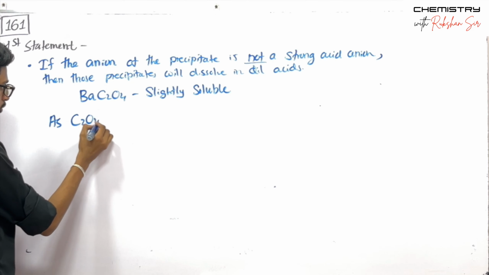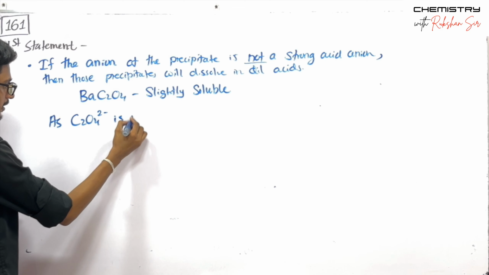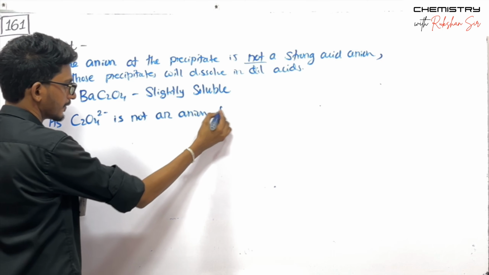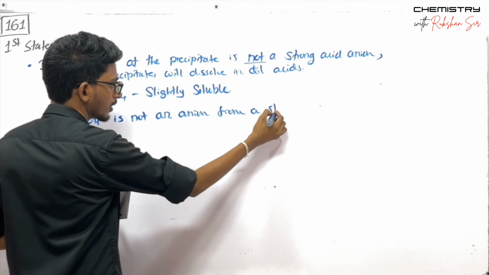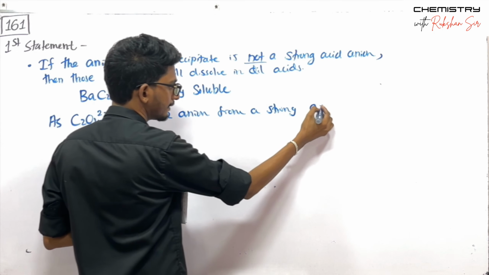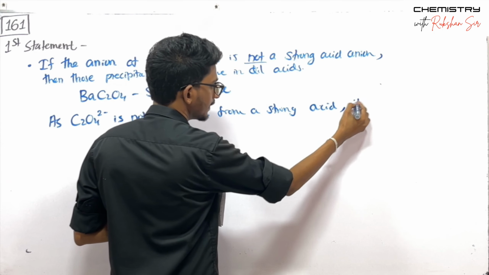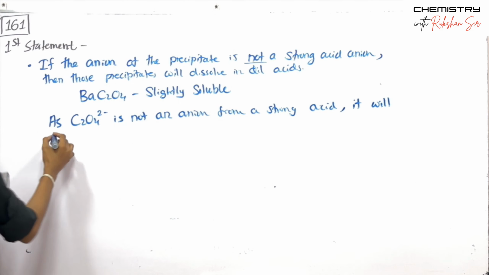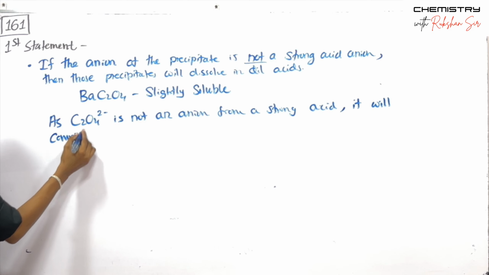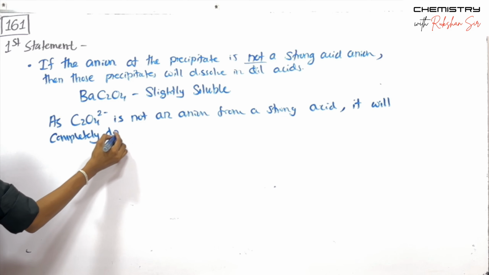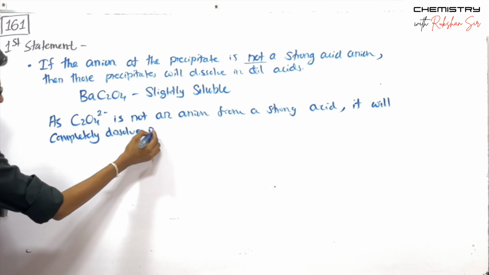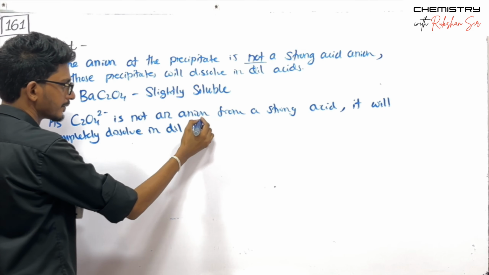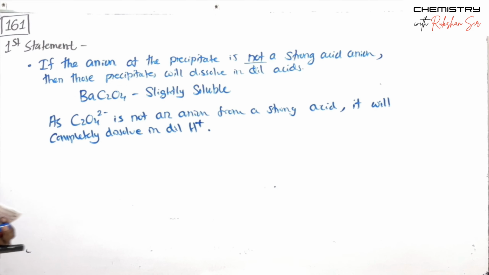As C2O4 2- is not an anion from a strong acid, it will completely dissolve in dilute H+.